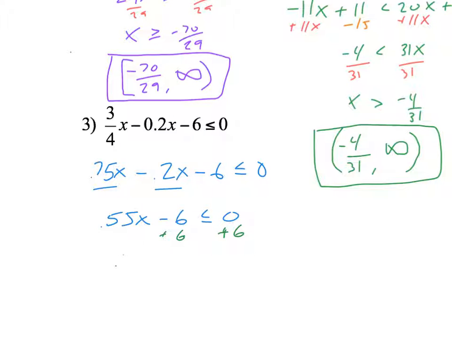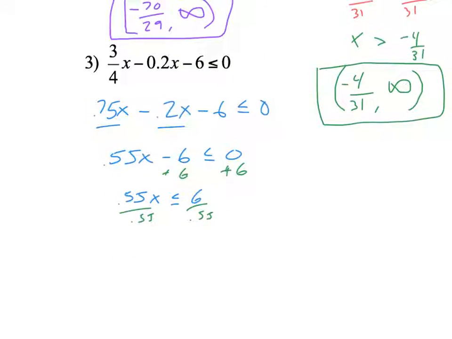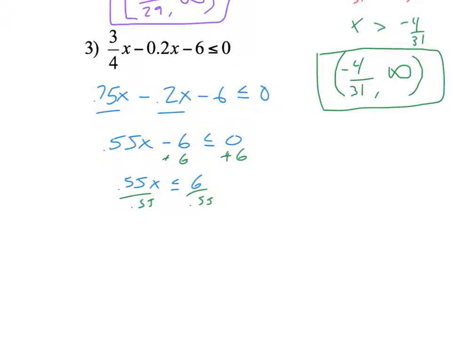So it gives me 0.55x is less than or equal to 6. And then we'll go ahead and divide by 0.55. So of course on the left we would just have x, and on the right we have 6 divided by 0.55.